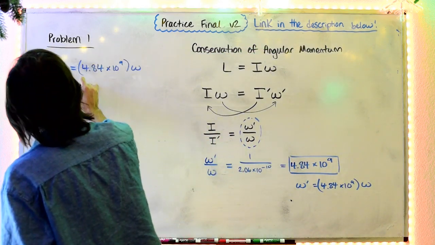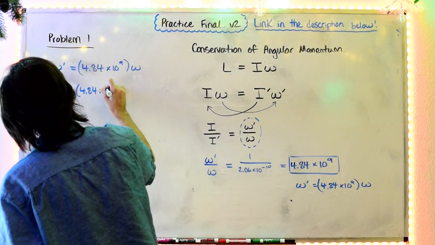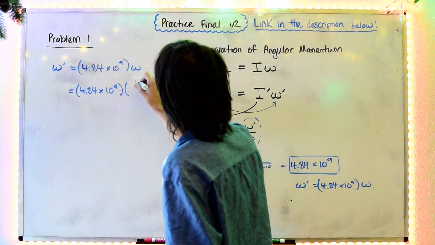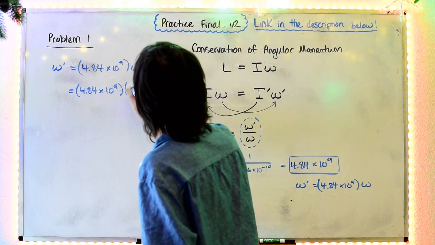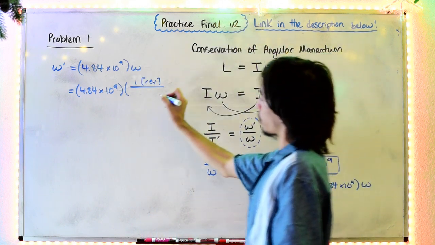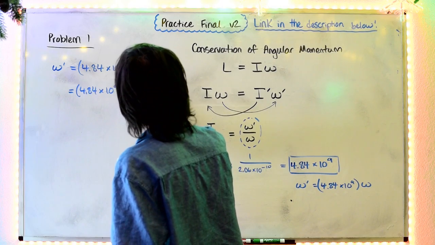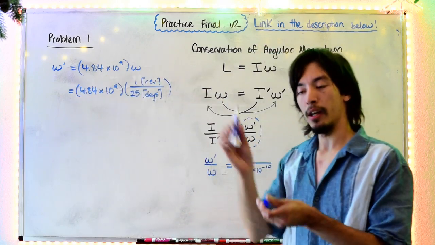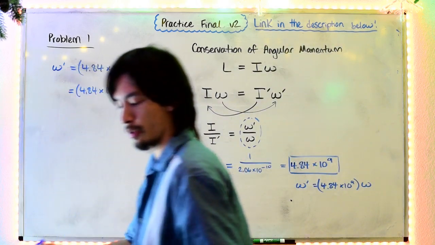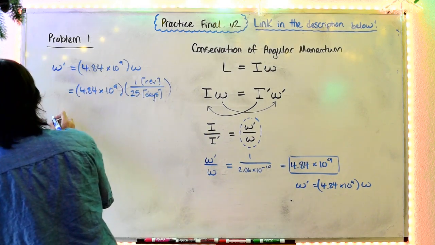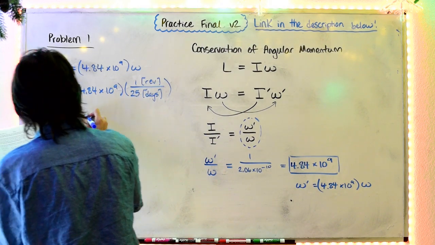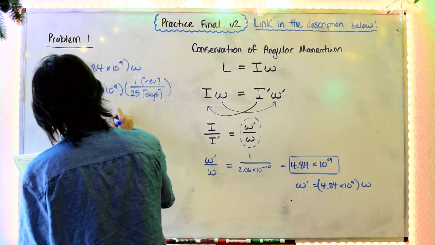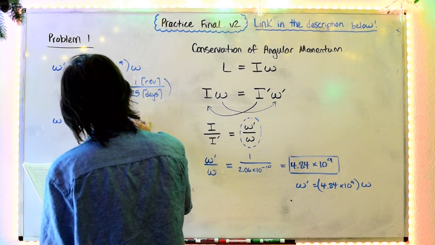So it's 4.84 times 10 to the 9th times the original spin rate of one revolution, abbreviated 1 rev, per 25 days. Calculating that out, the final angular speed or spin rate of the star is 1.94 times 10 to the 8th revolutions per day.